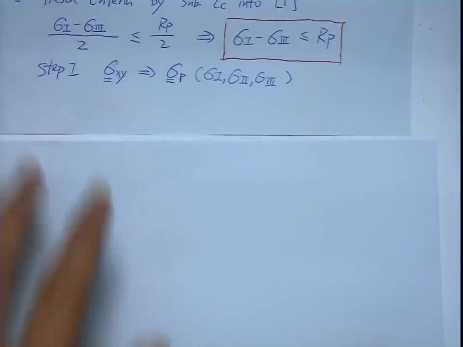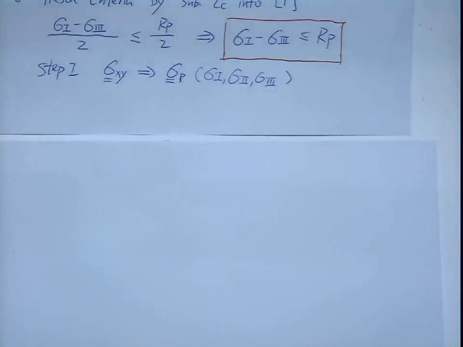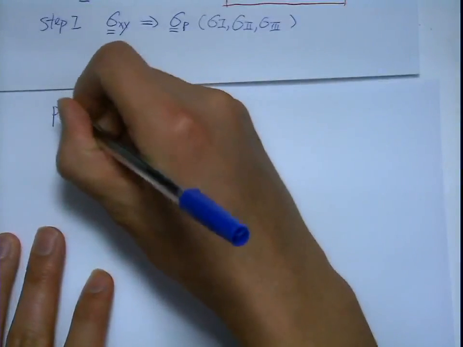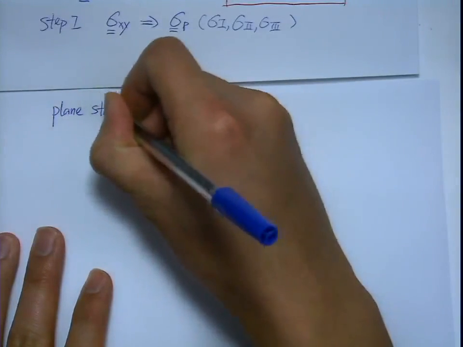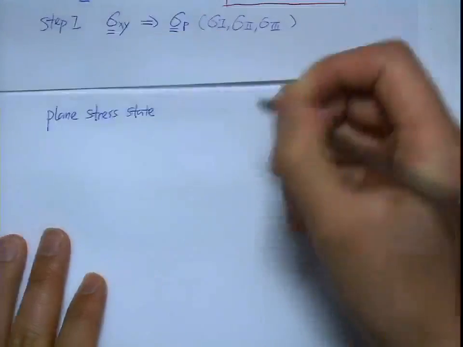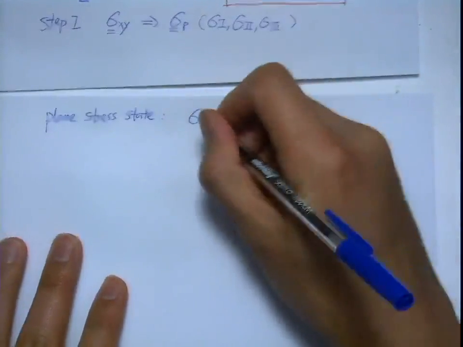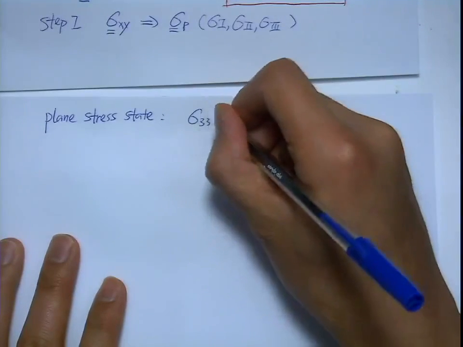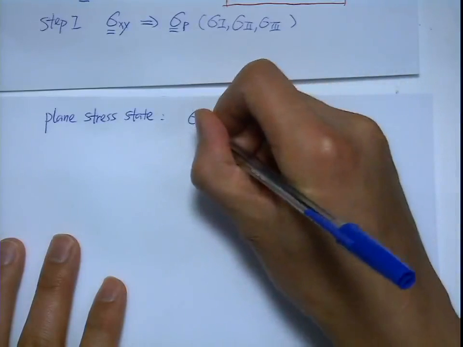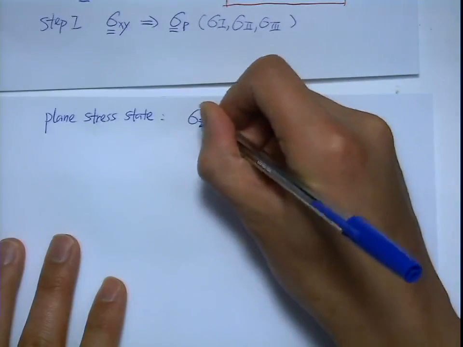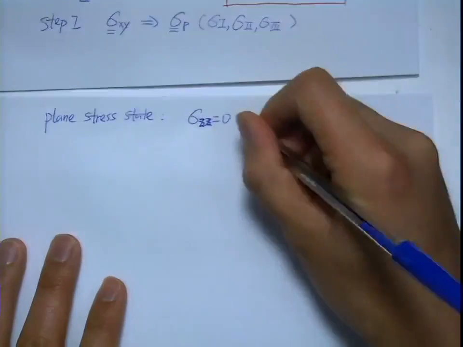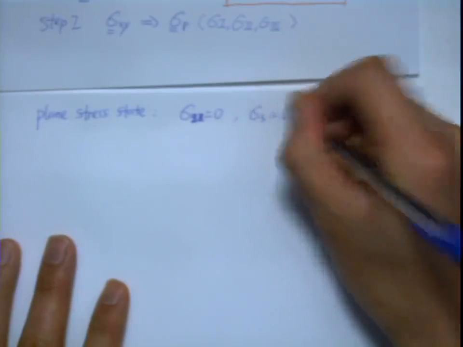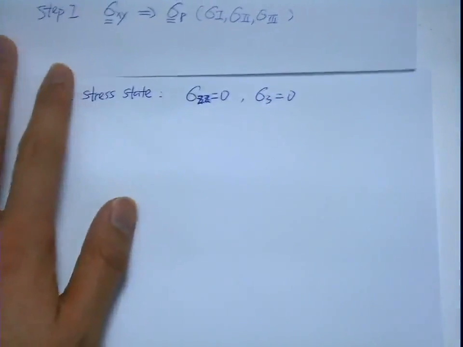Okay. Let's visualize this criteria. Suppose we are in a plane stress state, which means sigma 3, let's say sigma z, in the general state equals 0. Accordingly, sigma 3 in principal stress is also equal to 0.